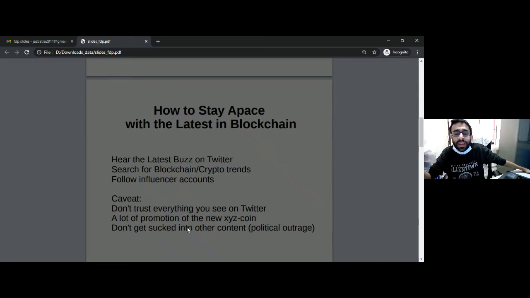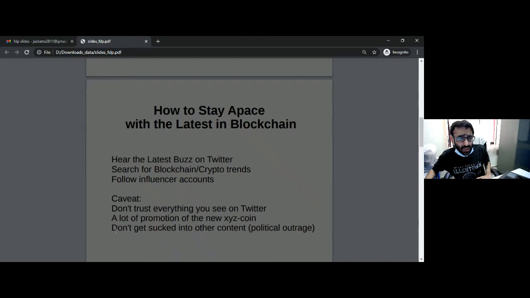So they want to create buzz about their latest offering. So just be a little mindful of that when you look for content on Twitter. Try to get a feel of what's going on instead of using it as your research tool. It's not a research tool, it's a getting a buzz tool.